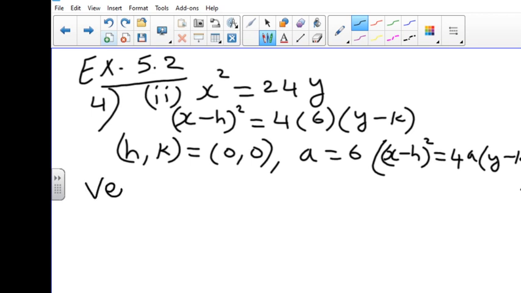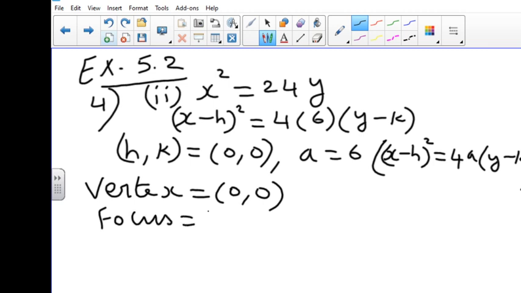So the vertex here is 0 comma 0, and the focus. We have seen the formula already. Here it is x square is equal to 4ay. If you take it as the standard form, it is x square is equal to 4ay.